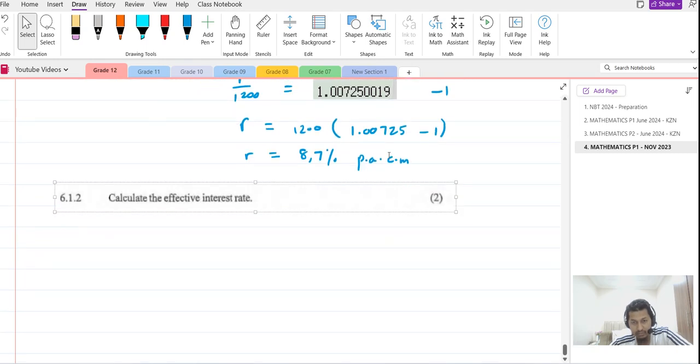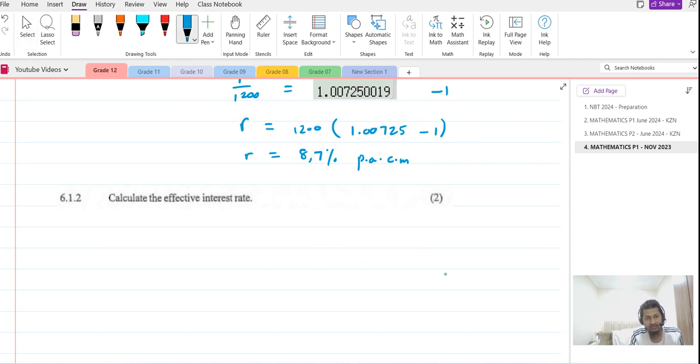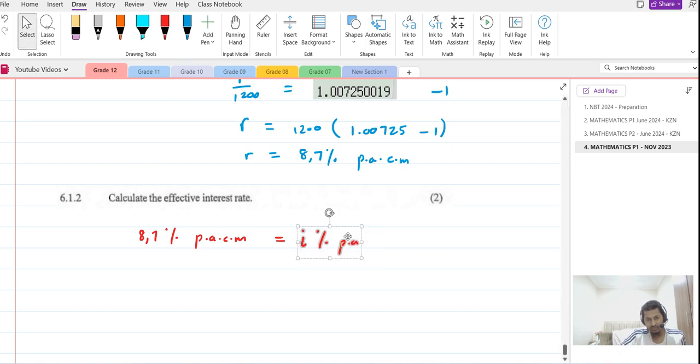Remember, we've got a compounded interest rate, so now you're going to get a yearly interest rate. So remember, we have 8.7% per annum compounded monthly to i% per annum. That's what we want basically. We want an interest rate which is per annum to be converted to per annum compounded monthly. Switch it around.